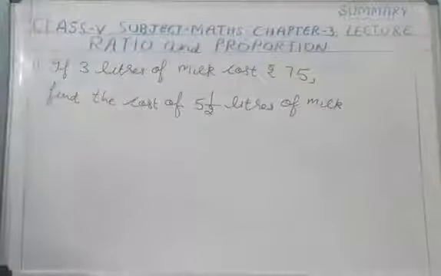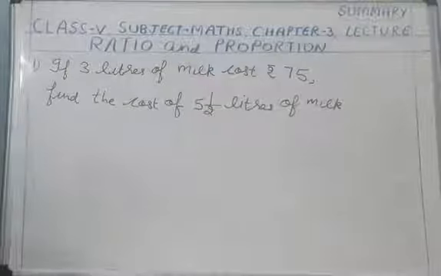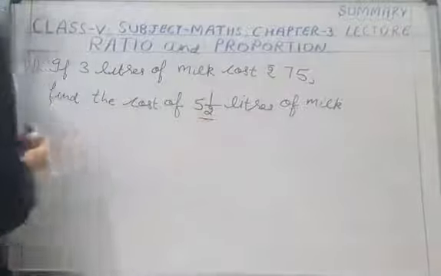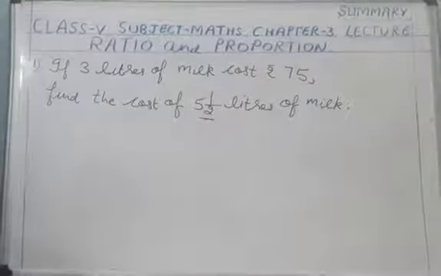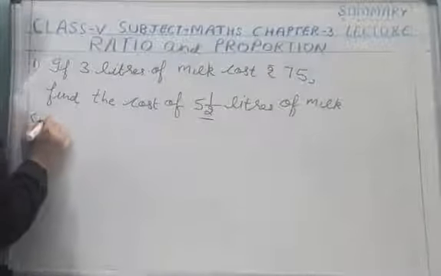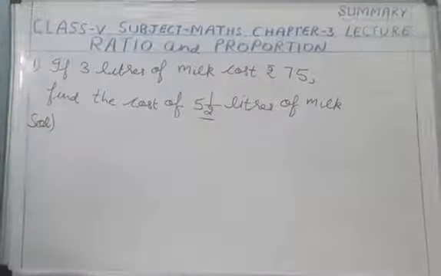Okay, 3 liters of milk is of rupees 75. We have to find out the cost of 5 whole 1/2 liters of milk. Now you don't get confused that here it is fraction how to solve. In the same way as you were doing previously, you will solve this question also.